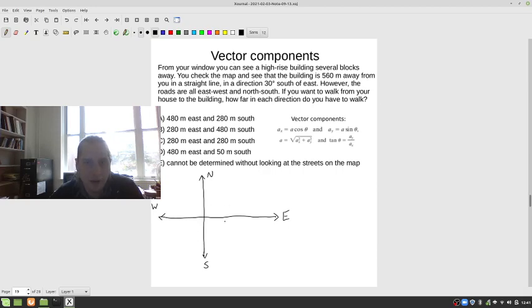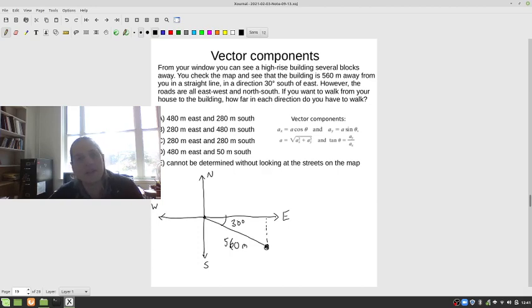You check a map and see that the building is 560 meters away from you in a straight line in a direction 30 degrees south of east. Okay, 30 degrees south of east, and so that's 30 degrees, and this is 560 meters.